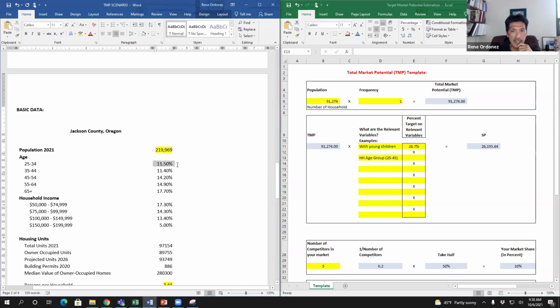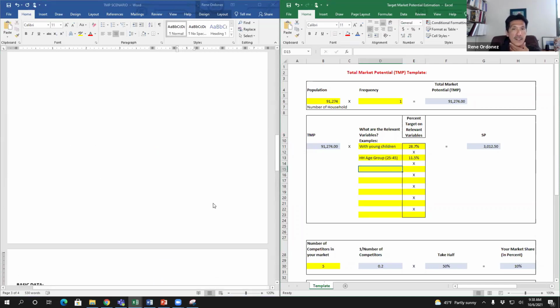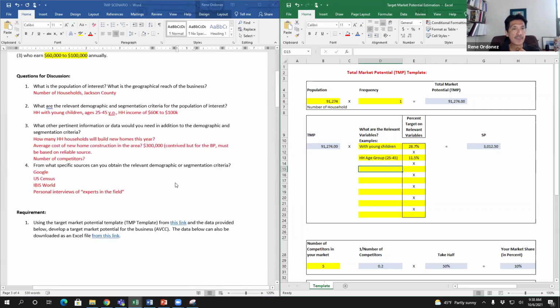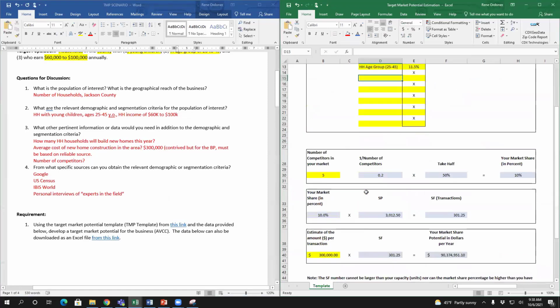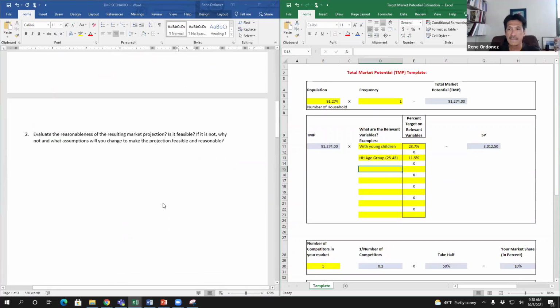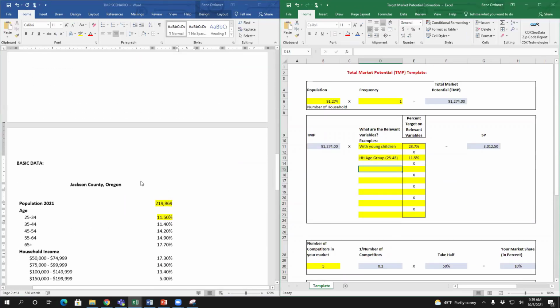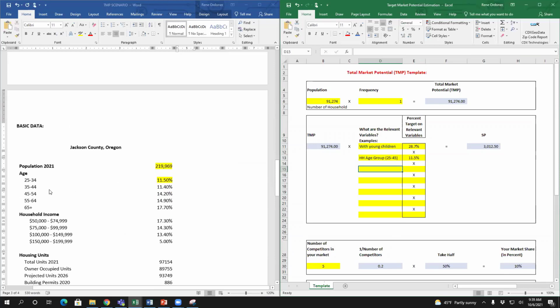Yes, we have that there, 11.5%. Actually, I think it's different, because that's 25 to 35. You might have to add. Oh, okay, yeah. Correct, plus that. Thank you for that correction.